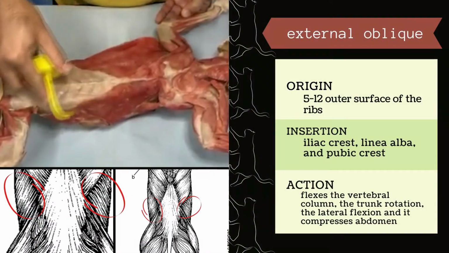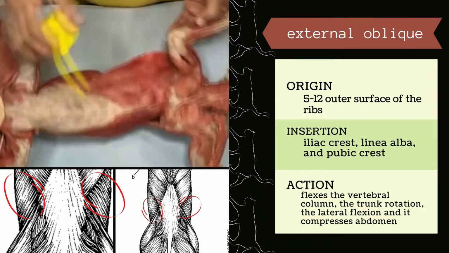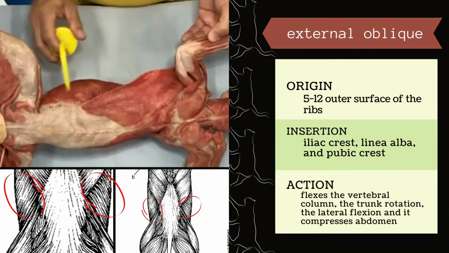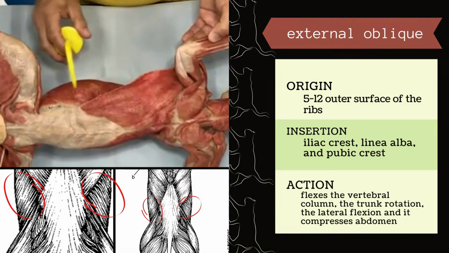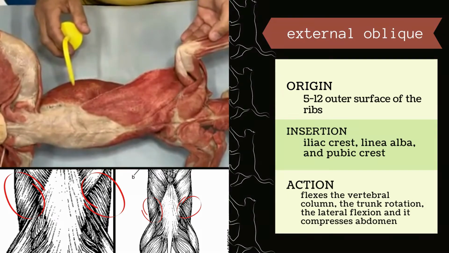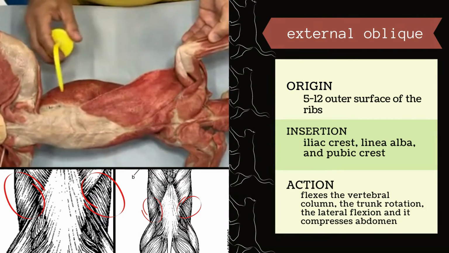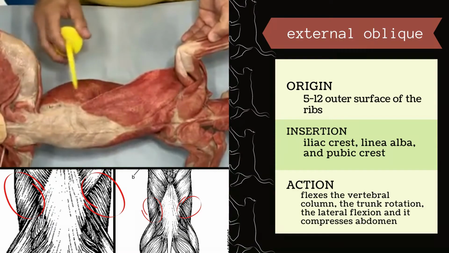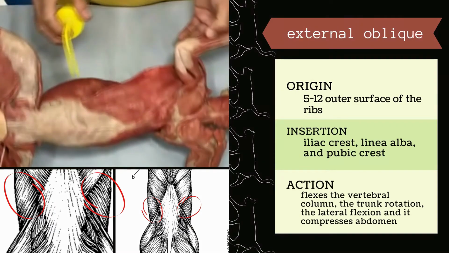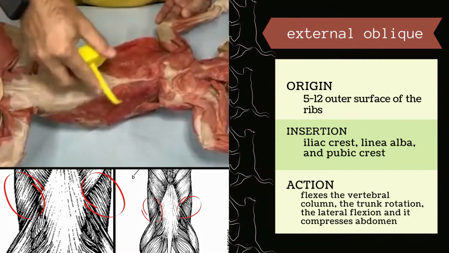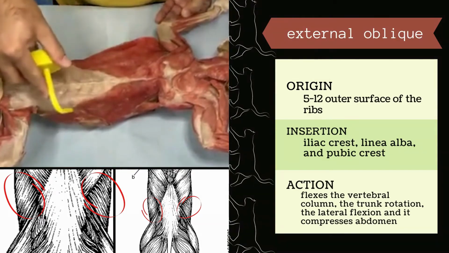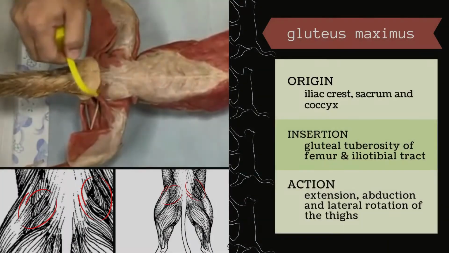This is the external oblique. It originates from the outer surface of ribs 5 to 12. It inserts into the iliac crest, linea alba, and the pubic crest. Its action is to flex the vertebral column, rotate the trunk, laterally flex, and compress the abdomen.